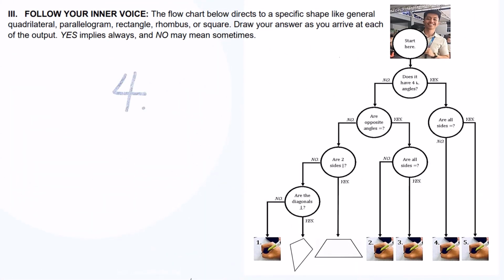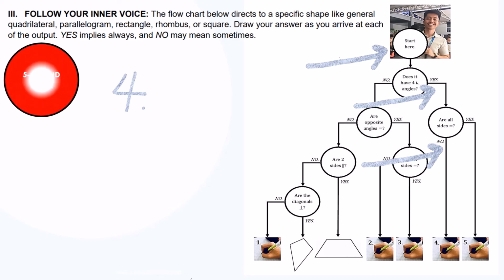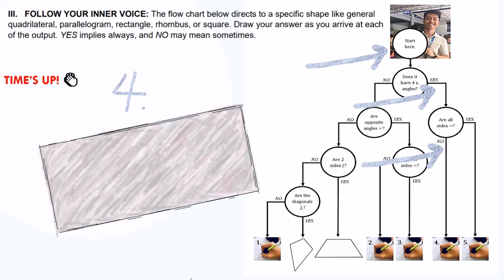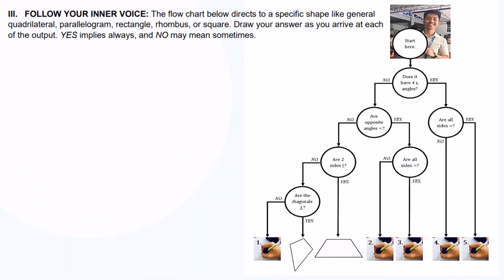Number 4. Start here. Does it have 4 right angles? If it is yes, are all sides equal? And if it is no, what figure can you draw? Your timer starts now. Correct answer is rectangle. 5.